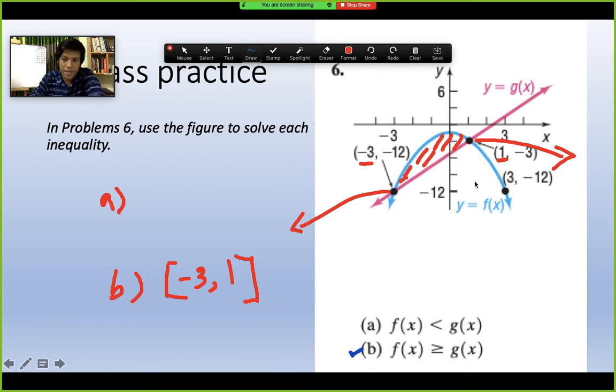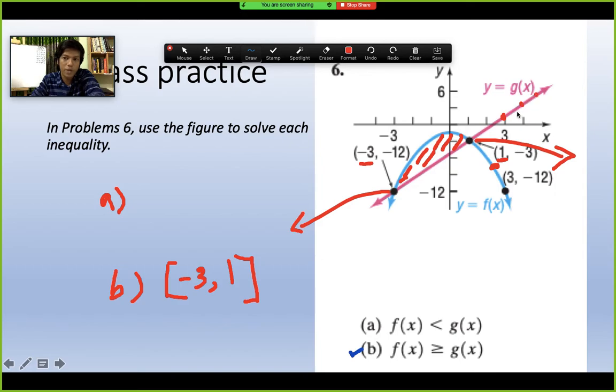How do we write the answer? This question is f(x) is less than g(x). That means g(x) is now more. So this line value is more.